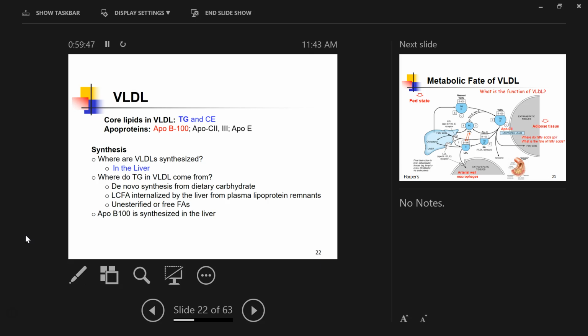It comes from three main sources. One is de novo lipogenesis, and second is from the lipoprotein remnant, for example, chylomicron remnant, taken up by the liver, so the triglyceride is repacked in the VLDL.